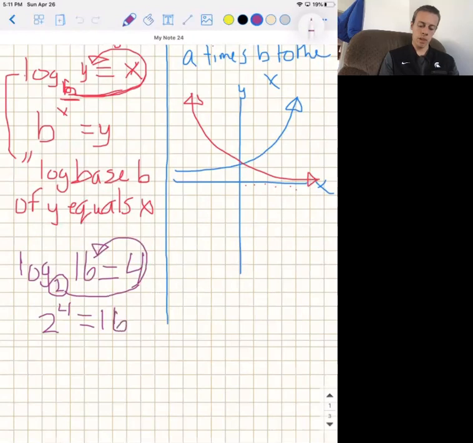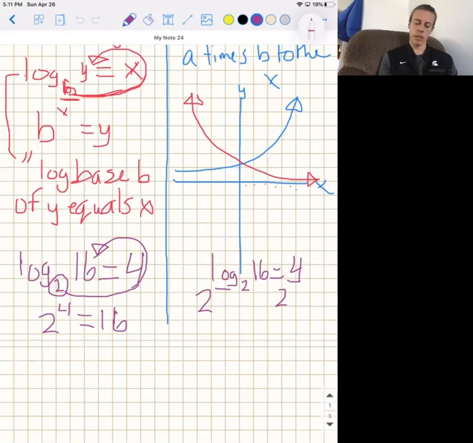Okay. Another way you could have looked at it, you could have said, hey, log base 2 of 16 equals 4. We said that logarithms and exponentials undo each other. So if you raise both sides, you say 2 to these powers, you could do that as well.